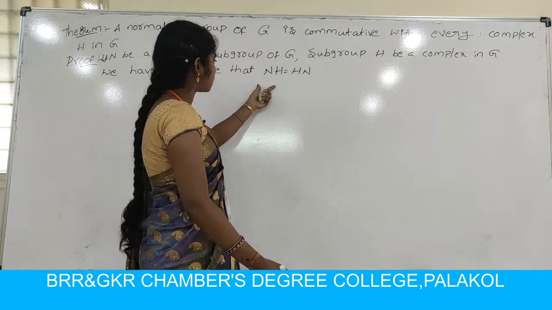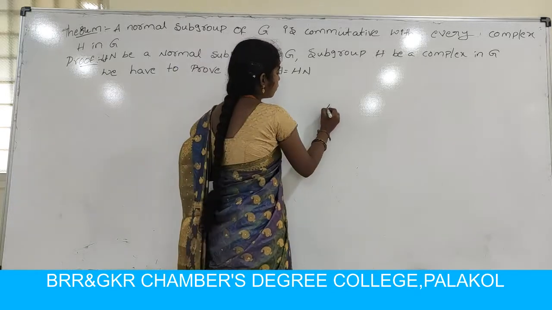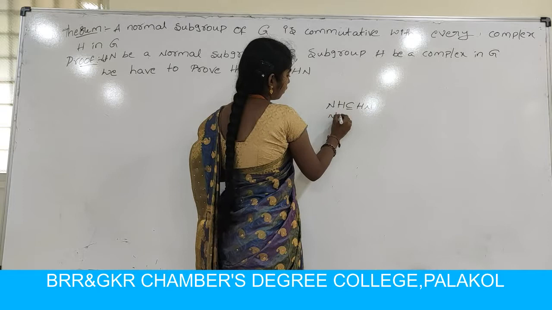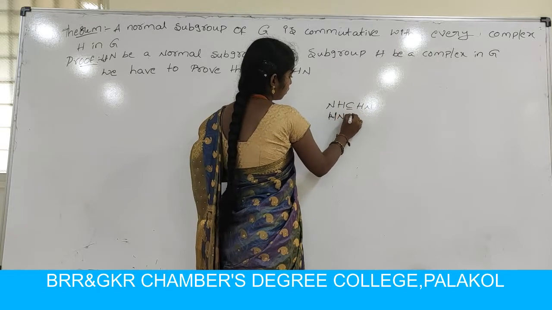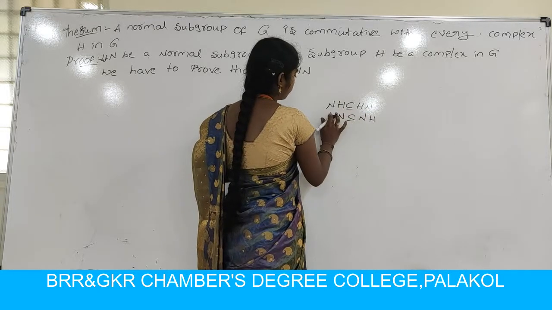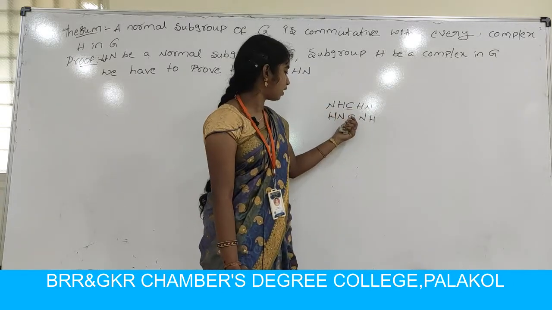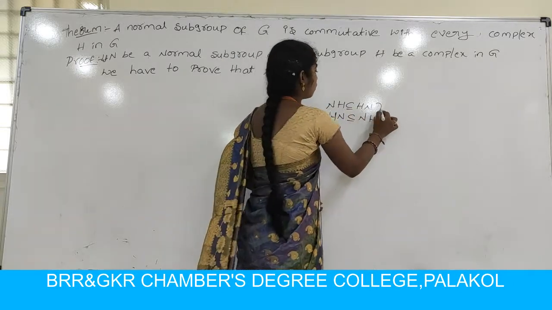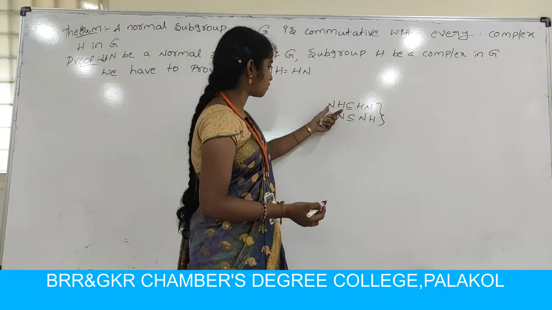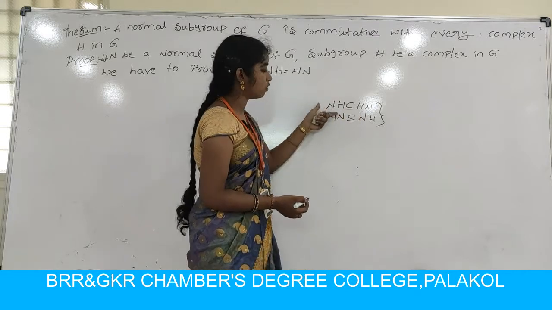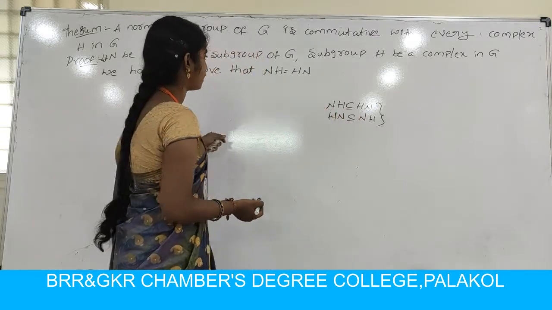It can be written as NH contains HN and HN contains NH. So we have to prove these two properties: first, NH contains HN, and second, HN contains NH. From 1 and 2, NH is equal to HN.